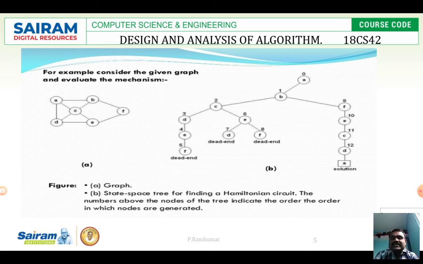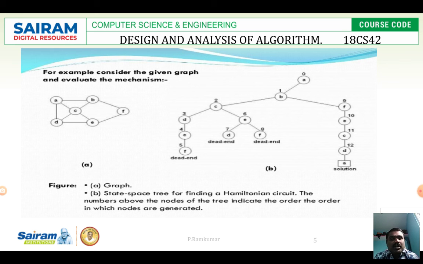So consider this example. There are 6 vertices available: A, B, C, D, E, F. I am going to draw the state space tree for this. First A, A is the starting vertex, then A to B, next from B to C, then C to D, D to E, E to F, dead end.